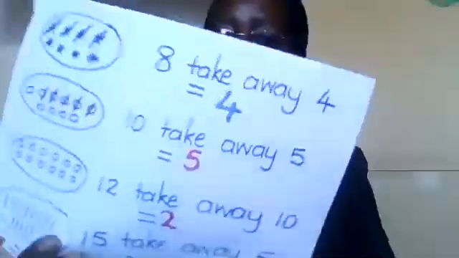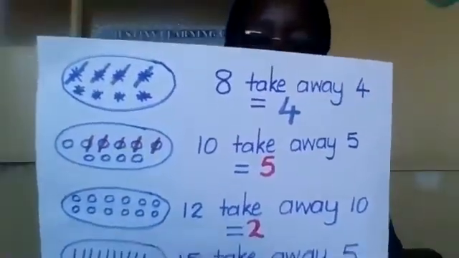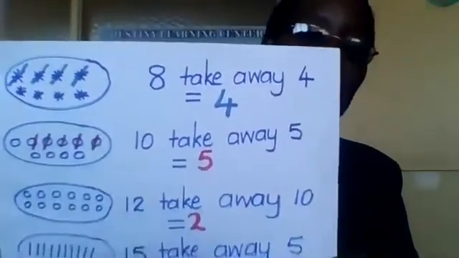Tell us your answer. 15 take away 5. 1, 2, 3, 4, 5, 6, 7, 8, 9, 10. The answer is 10. Excellent. That's it. The answer is 10.